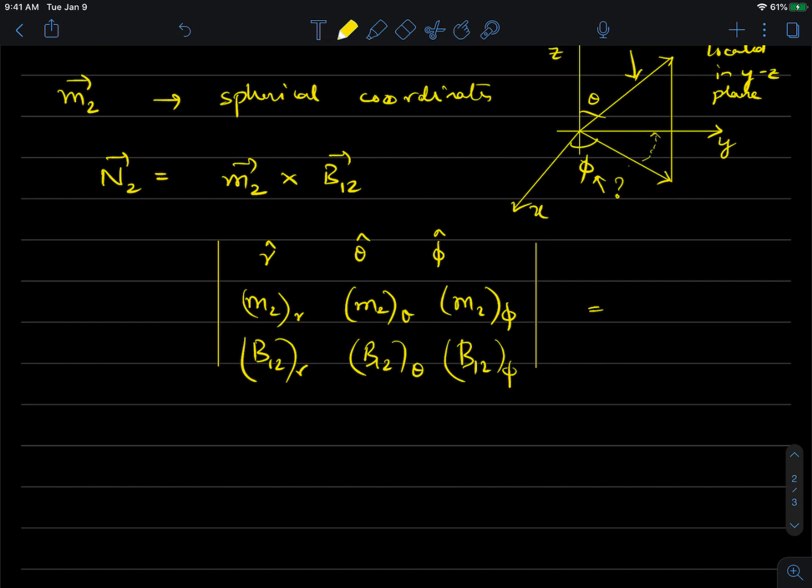Now the last question is whether the torque tends to rotate it clockwise or counterclockwise.